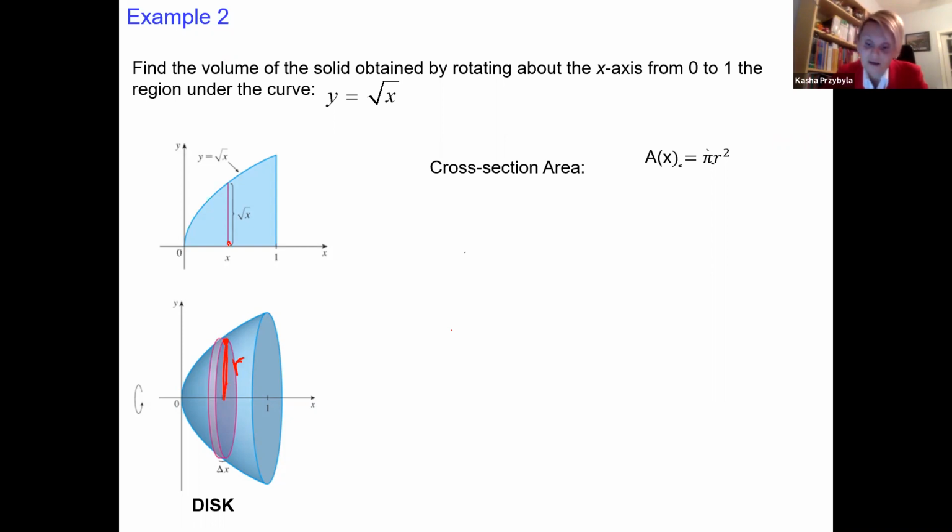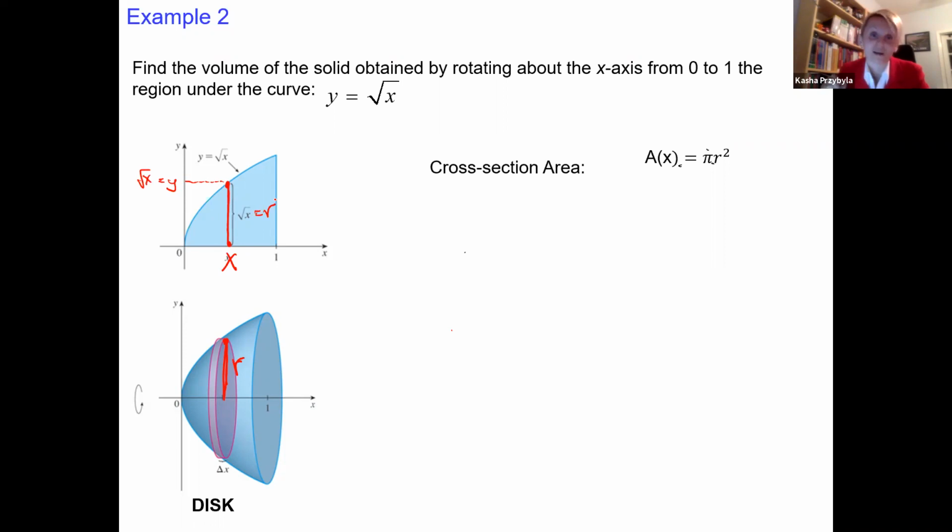When I pick my x as a sample point between 0 and 1, the limits of integration take care of that x. The x is somewhere here, and I need this length, this distance, which is simply the corresponding y, and y is defined as square root of x.